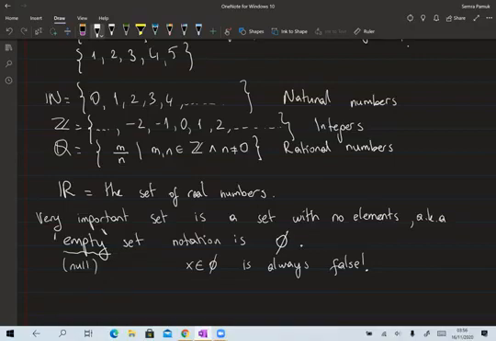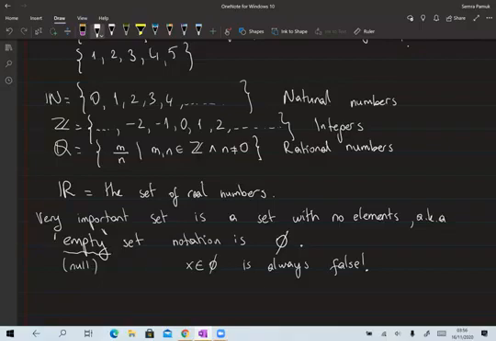So what else? When you have finitely many elements in your set, you can list them. But like in the natural numbers, integers or rational numbers, we cannot list all of them.